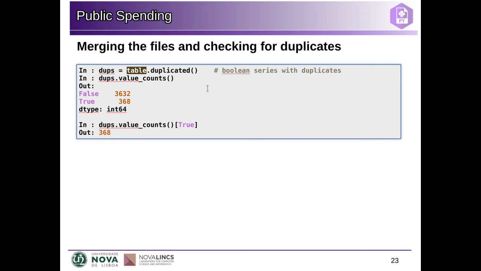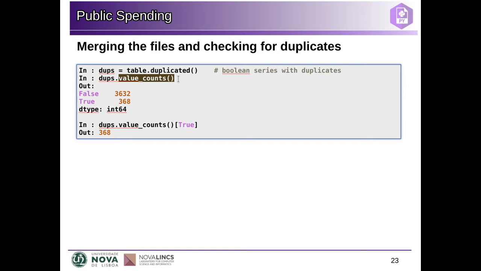But if it encounters the same set of values a second time, that one will be marked as duplicated. If we take this series with all the true and false values and use the value counts method, this is a very useful method because it gives you a series with the different types of values you have and how many times they occur.